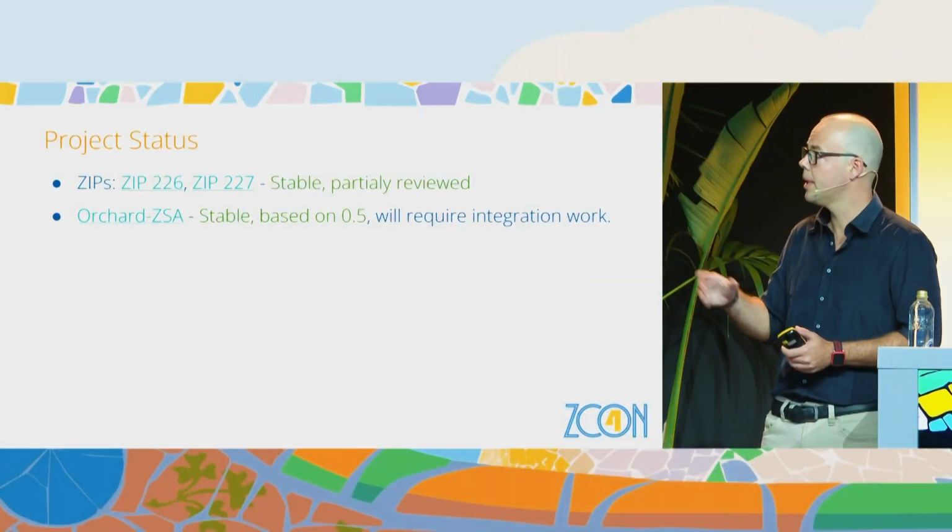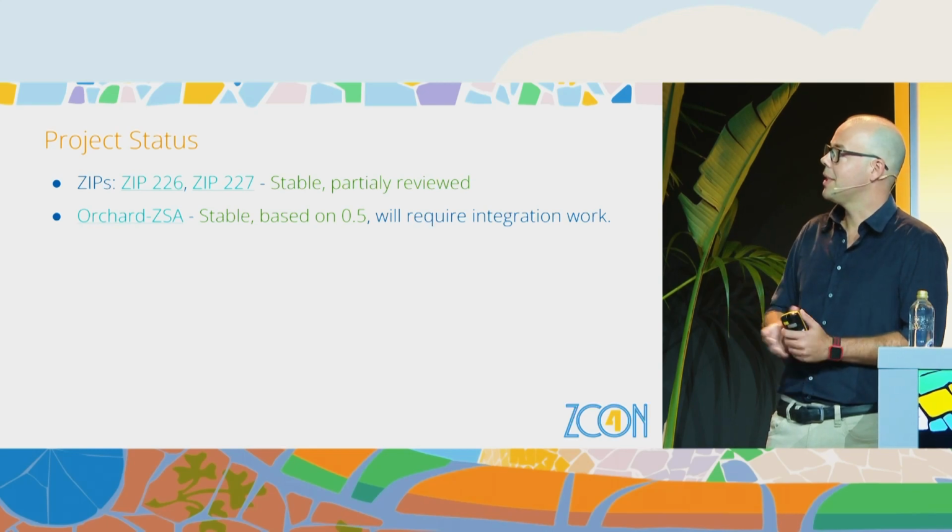Later, we have the implementation of Orchard ZSA, meaning the changes that we did to the Orchard protocol to implement the ZIPs. We consider it stable. It is based on the latest Orchard version, 0.5, and it will require some integration work later to really integrate this into the client.